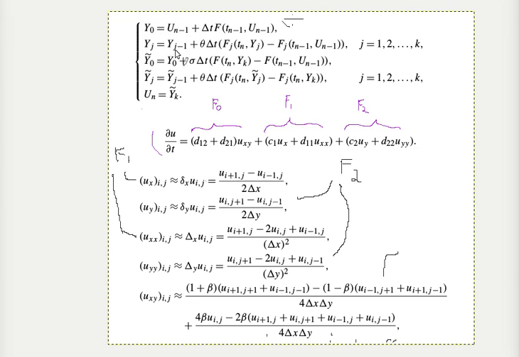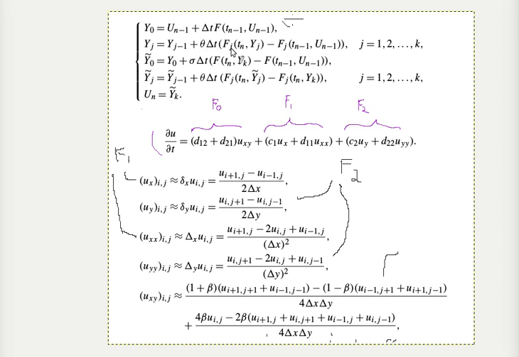Note also in this second equation that yj appears on the left-hand side and on the right-hand side. What you're going to need to do is take these terms on the right-hand side over to the left and use a tridiagonal solver to solve for yj. Okay? All these other quantities you have available. When you're computing y1, for instance, you know y0. Theta is a parameter. Delta t is a parameter, fixed parameter.